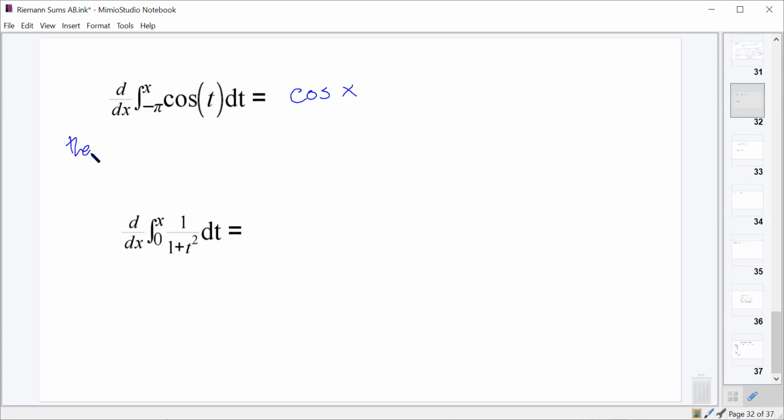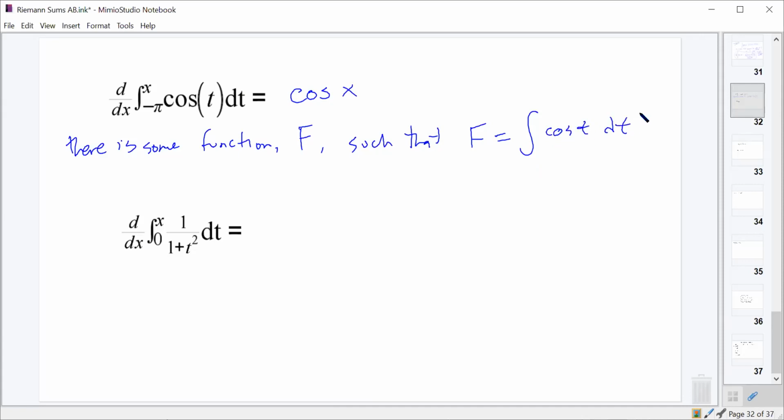We're going to say there is some function, and we're going to call it capital F, such that capital F is equal to the integral from negative pi to x of cosine t dt.